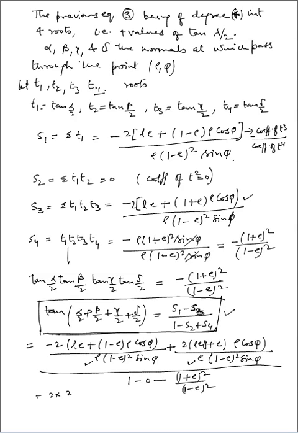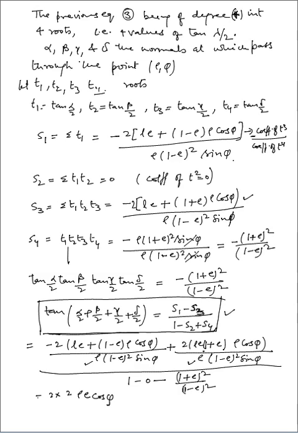So we will be having 2 into 2 rho E cos phi, because this 2 L E cos phi into rho.